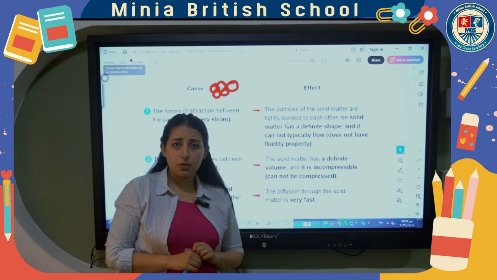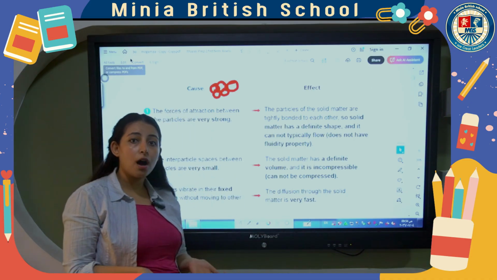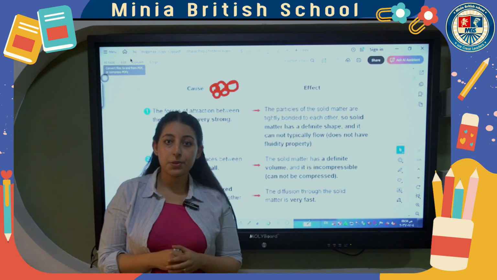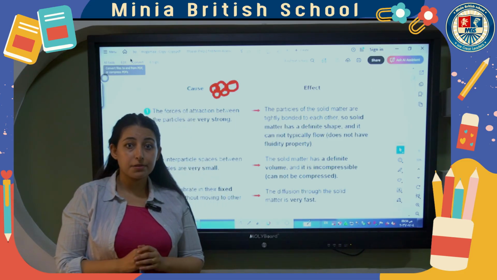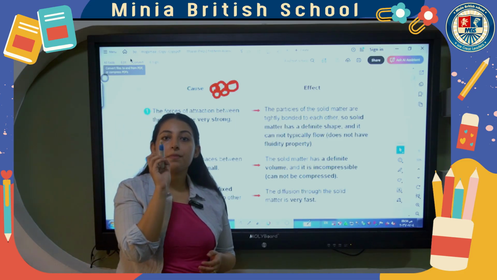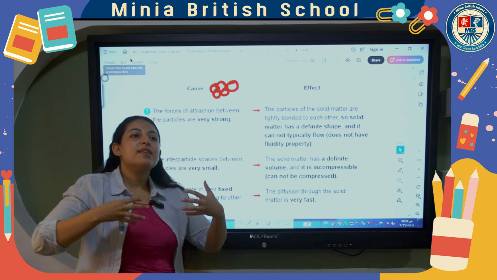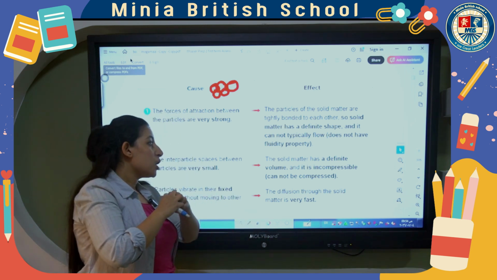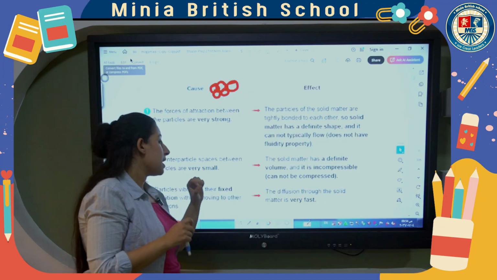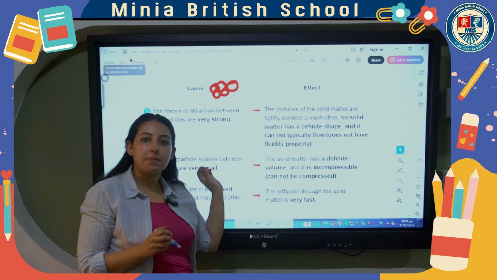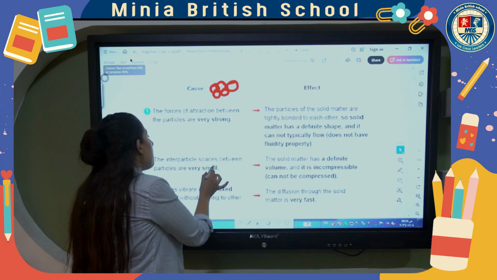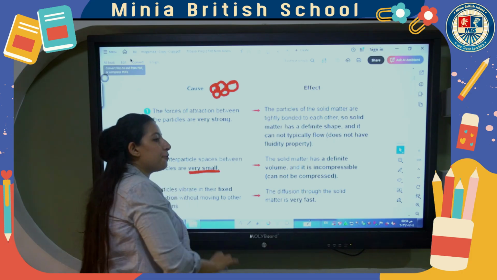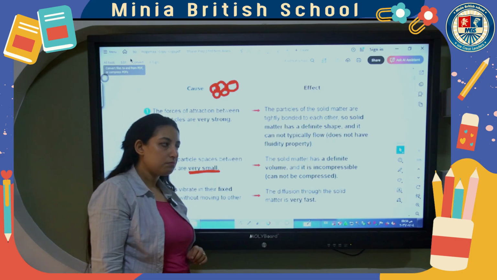But when I ask you, solids are incompressible matters. Why? The answer must be related to the interparticle spaces between them. So we have to say because the interparticle spaces between the solid molecules are very small.